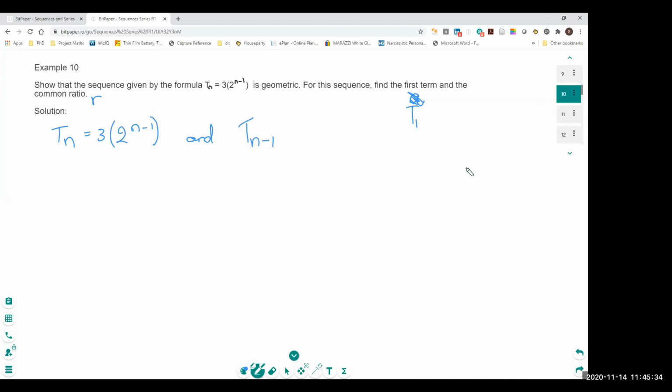We have the formula for t of n, so we can just substitute in n minus 1 wherever there's an n, and we get t of n minus 1 is equal to 3 times 2 to the power of n minus 1 minus 1. We're just substituting in n minus 1 wherever there's an n, okay? So that gives us 3 times 2 to the power of n minus 2.